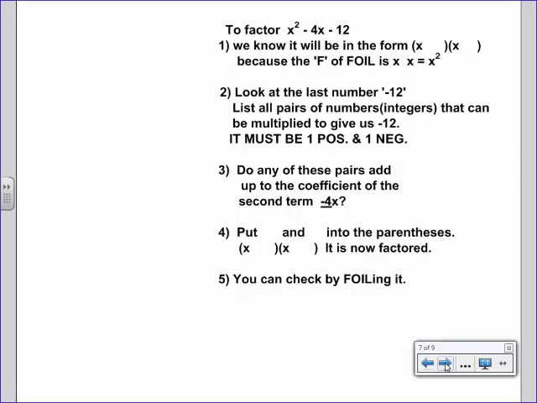Okay, here's one to try. Well, we need two numbers that when multiplied give us negative 12. Again, you have to have one positive and one negative, and when added would give us negative 4. Well, all the possibilities.